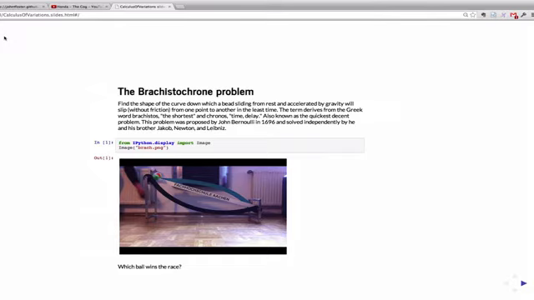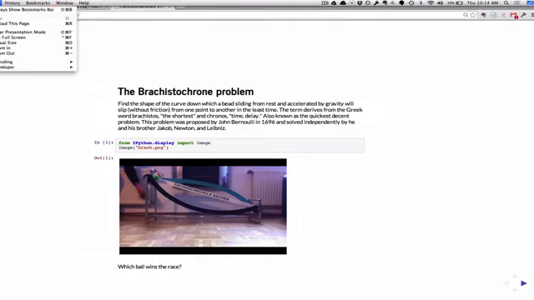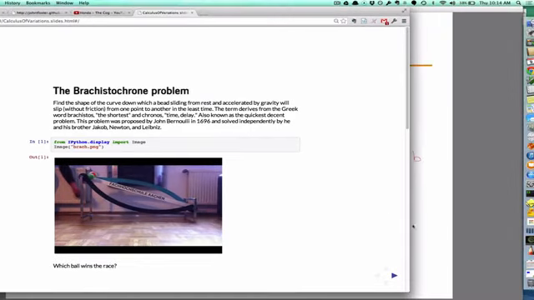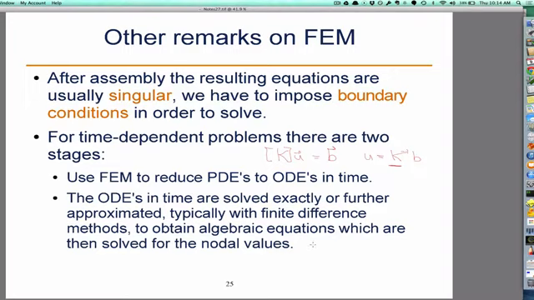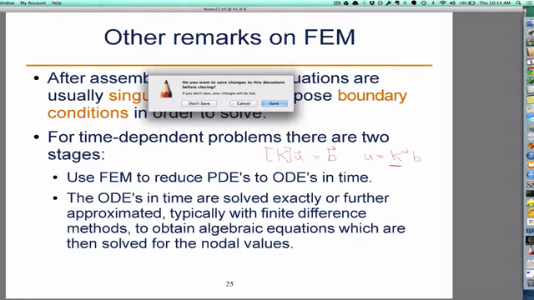Okay. So we're engineers. Let's not guess, right? We're engineers. Let's compute the solution. So the problem that we're faced with is a famous problem called the Brachistochrone problem.